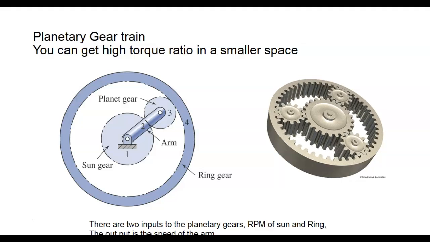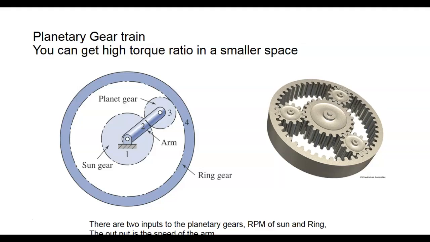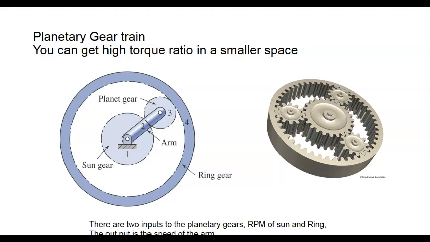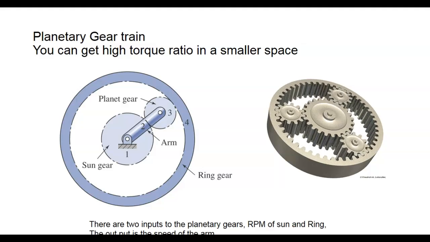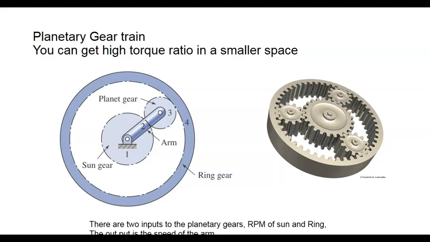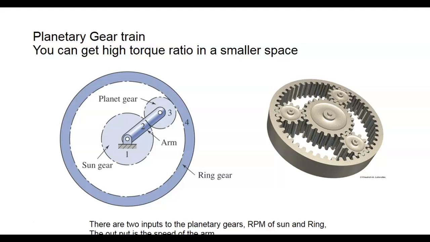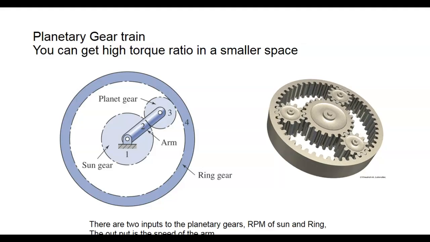So this would be a lot higher torque, right? Because we're engaging more teeth at the same time. So all three of those are idlers at once. We got two inputs to the planetary gear, the sun gear and the ring gear. The output is the speed of the arm.